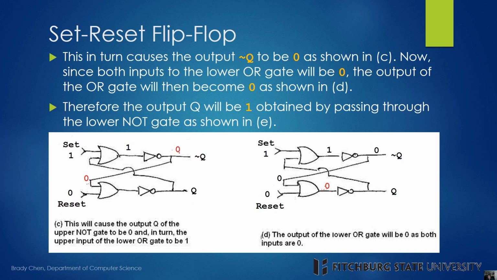Because it's a NOT gate. So this becomes 0, and then the input of the lower OR gate is 0, and now you have a 0 and a 0, so the output of the lower OR gate is 0.